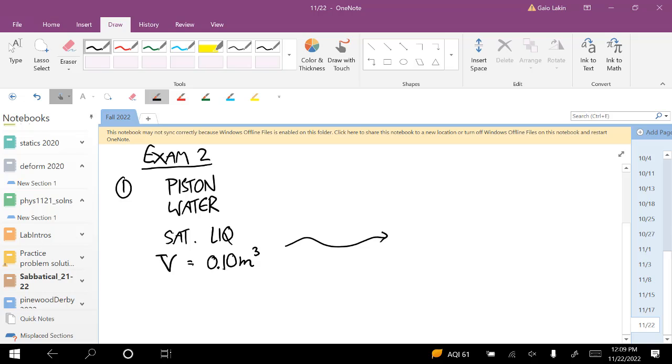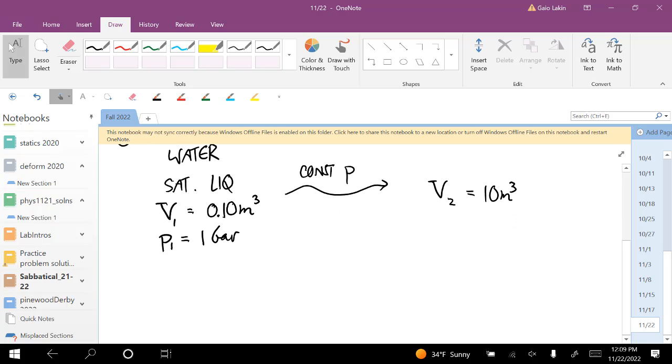And then it goes, so volume is 0.1, pressure is 1 bar, and that pressure stays constant. Then it ends up with a volume 2 of 10 cubic meters. And we want to calculate the quality and the work.